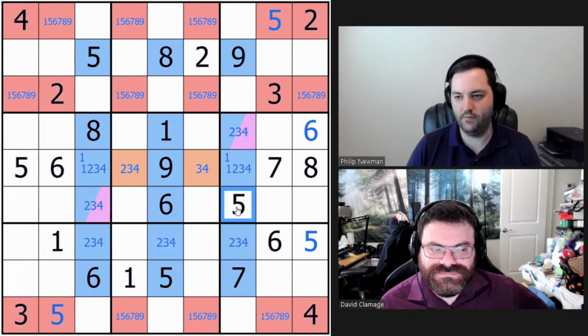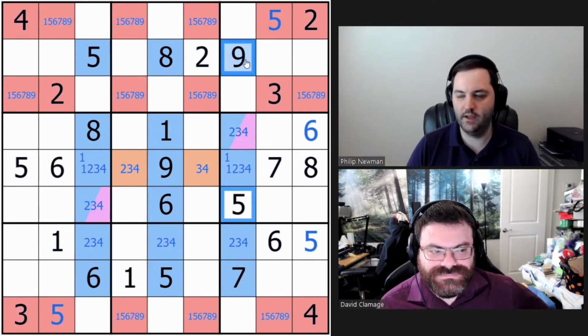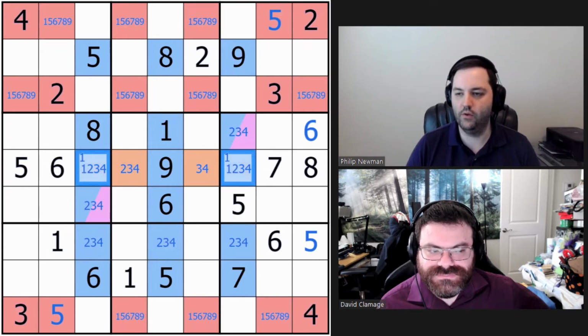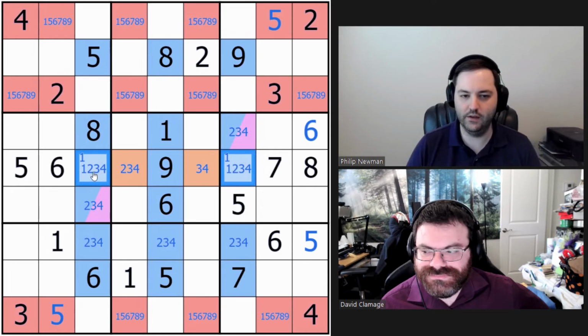We didn't know it was a given 5, but it was limited to be a 5 or a 9, say. And this was limited to be a 5 or a 9. Whatever. It's not going to work out here. We can still use the fact that it's one of those digits, and it's not a 2, 3, or 4, to count it toward the set. Right. Same way, we know that one of these cells is a 1, so we can't limit which cell is part of the blue set of digits, but we know one of them is, so we can count that towards it.